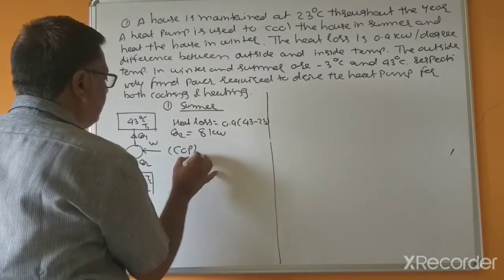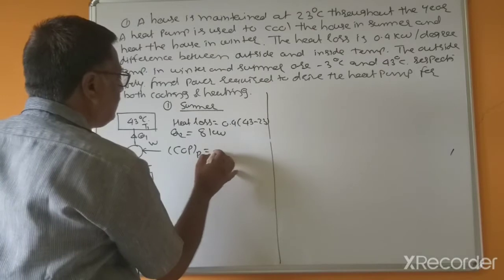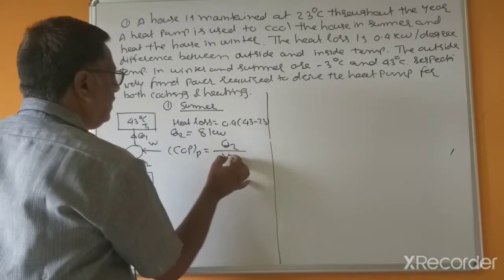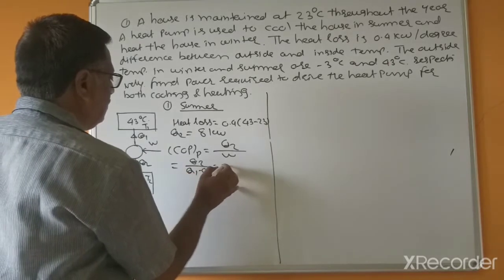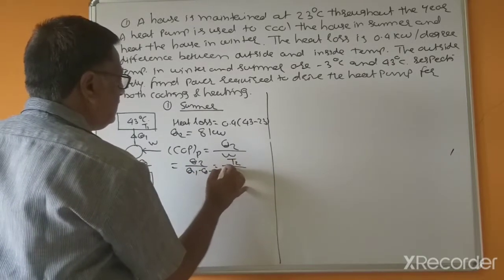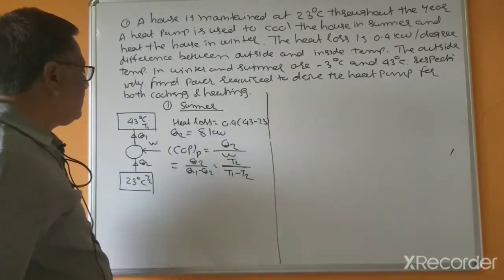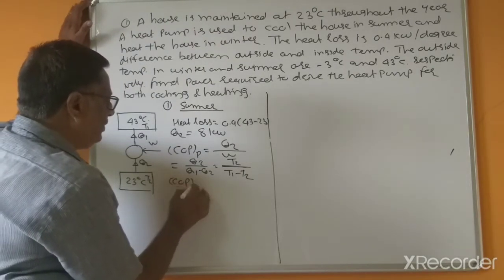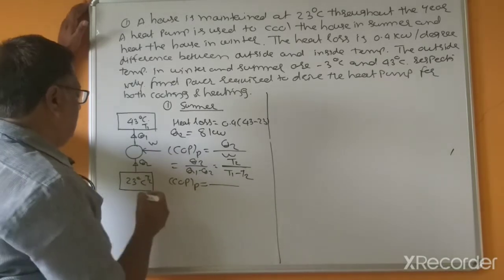In this case, what is important? This is the space to be maintained. So we can use the formula COP equal to Q2 divided by W, where W is Q1 minus Q2, or the same, we can write T2 divided by T1 minus T2. These are the basic formulas. So COP of the pump equals T2 temperature.